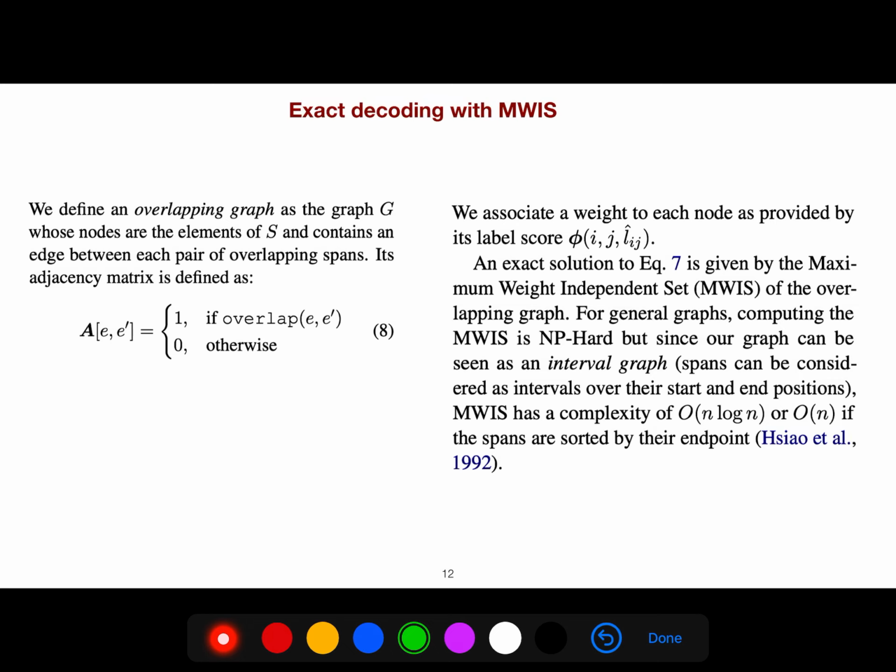And we define an overlapping graph, whose nodes are the elements of S and contain an edge between each pair of overlapping spans. So this is the adjacency matrix between any different, for example, e_i and e_j. So if two spans overlap, it's 1, otherwise it's 0.